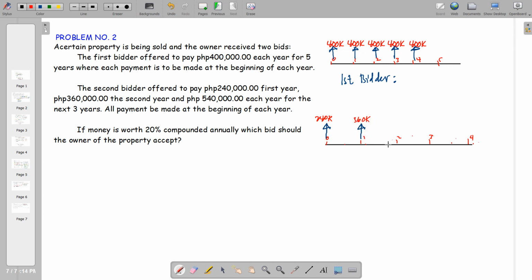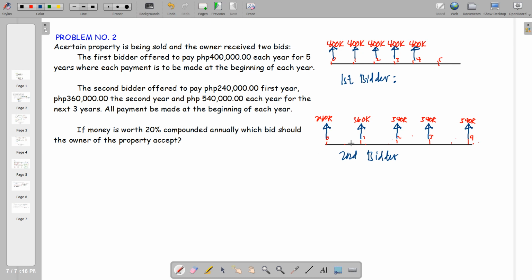Then 360,000 on the second year, at the beginning of the period of the second year, that will occur on the first year. And then 540,000 from the beginning of the third year and the next 3 years. So this will be the offer of the second bidder.